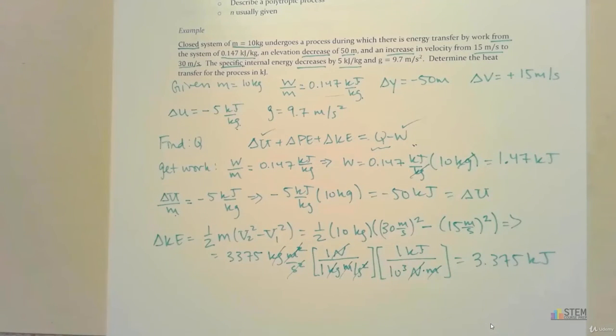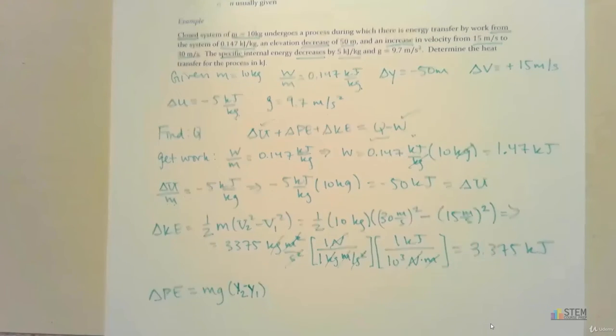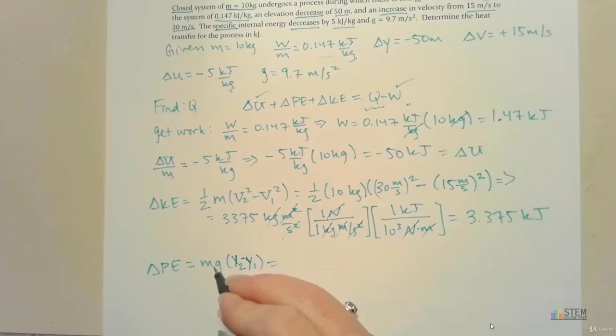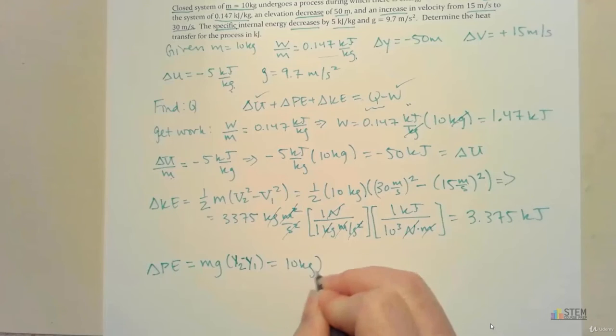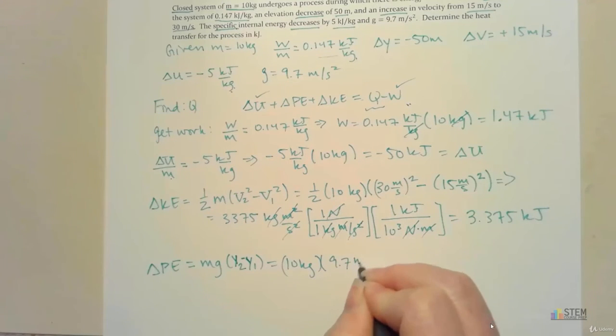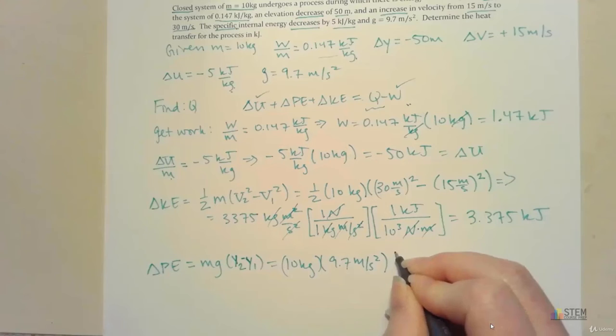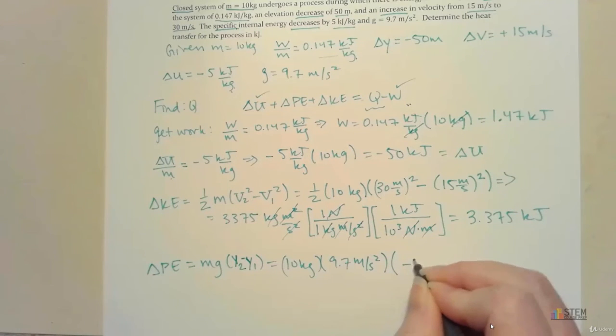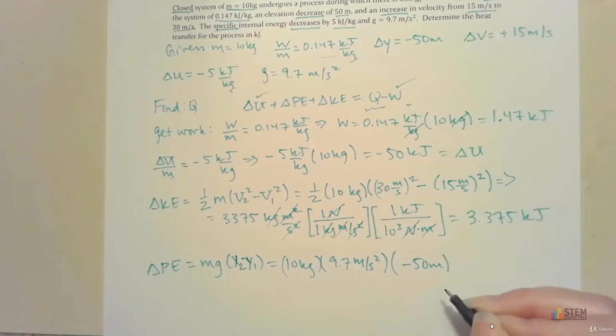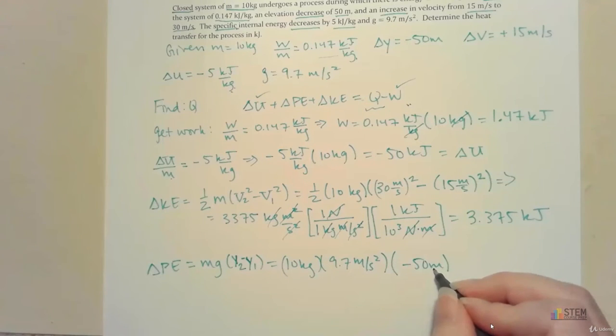Last thing we've got, delta PE. That's mg times our change in elevation, y2 minus y1. Now m was 10 kilograms, gravity is 9.7 meters per second squared, and our change in elevation was negative 50 meters. Again, look at the units.